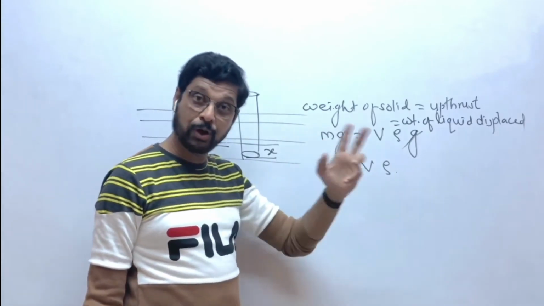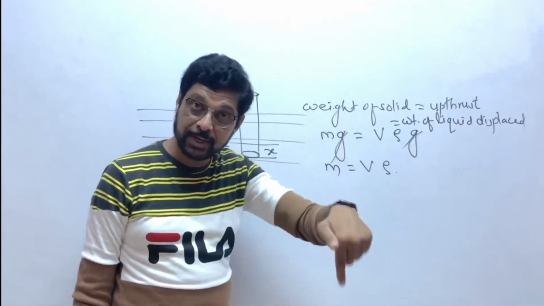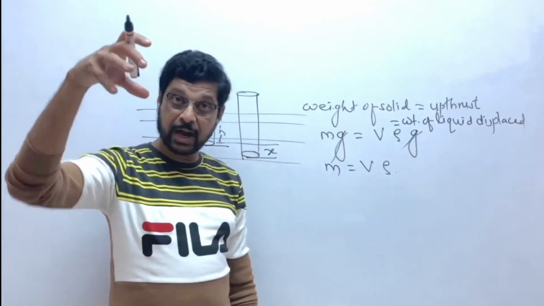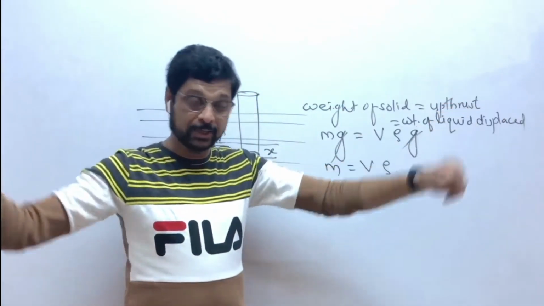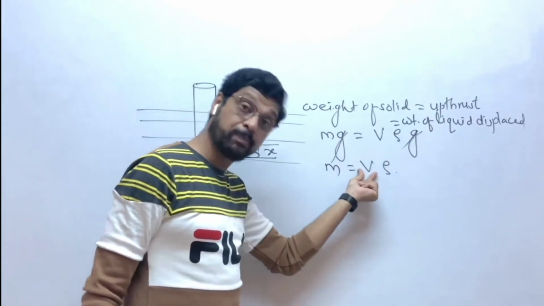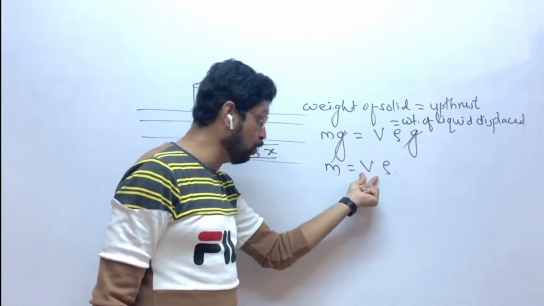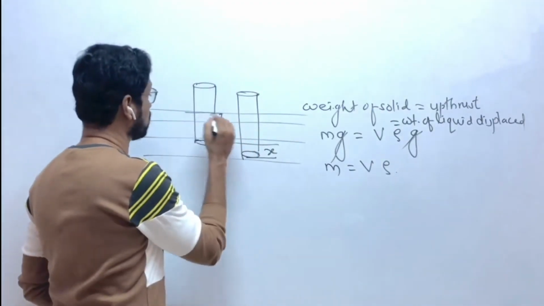V is the volume of the liquid displaced. And how much volume of the liquid is displaced? The volume of the solid immersed. The volume of the solid that is inside the liquid is the volume of the liquid displaced. And what is the volume of the solid immersed?